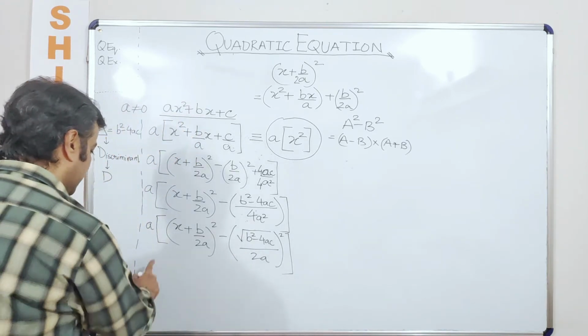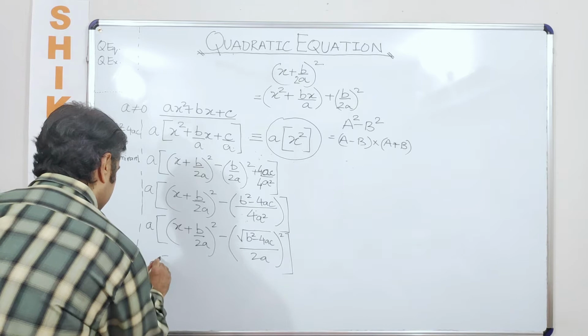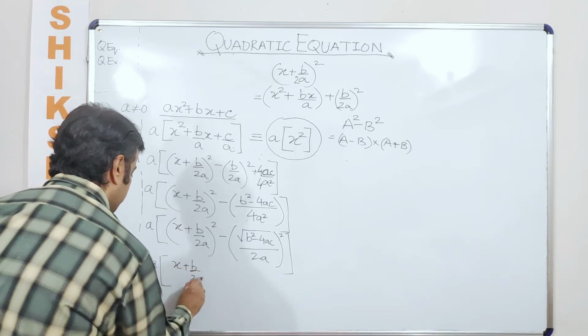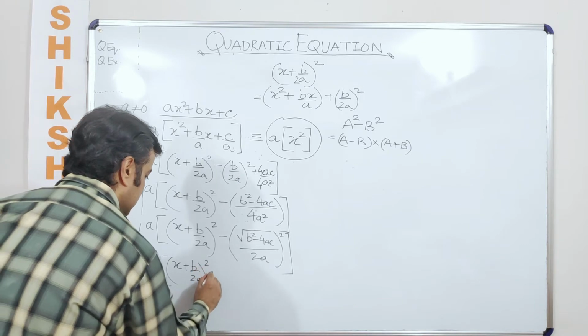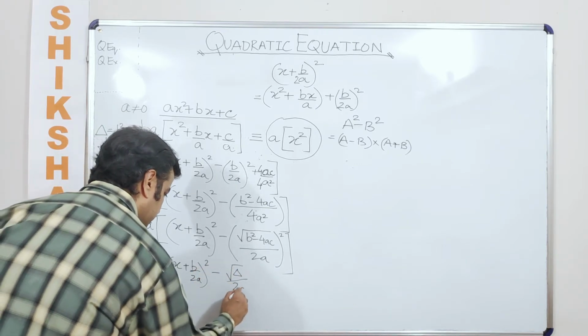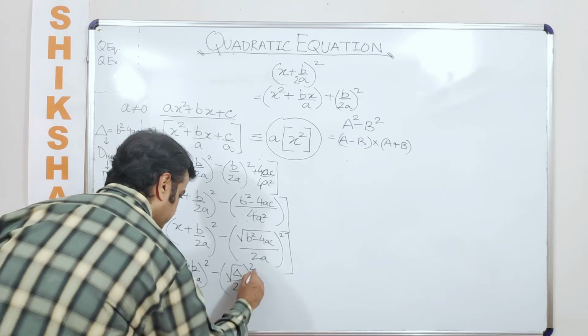Okay. So now after this, finally, can I write it like this: a times of (x plus b by 2a) whole square minus (root of delta by 2a) whole square.